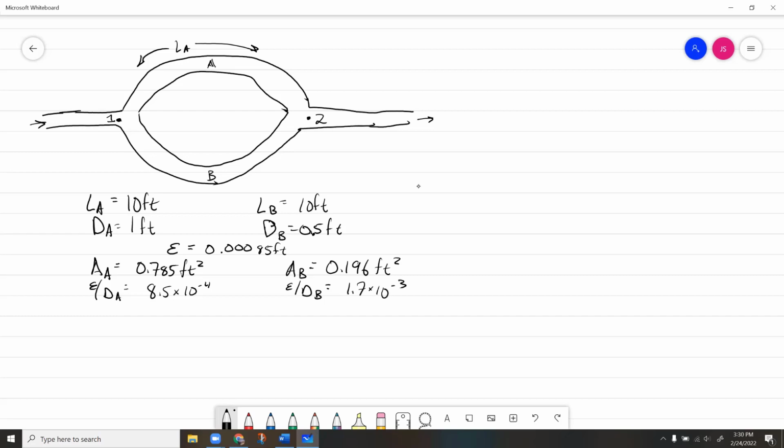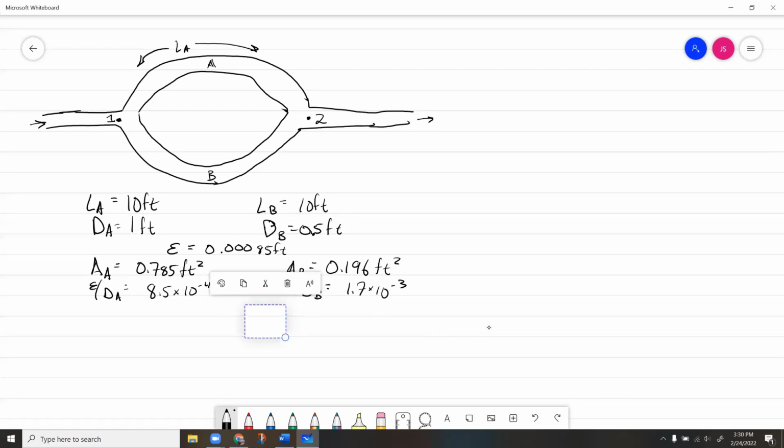All right. What else are we going to do? That's all the information we need right now. So we can set up those two equations and solve them. It's not going to be too painful. So let's go ahead and do that.